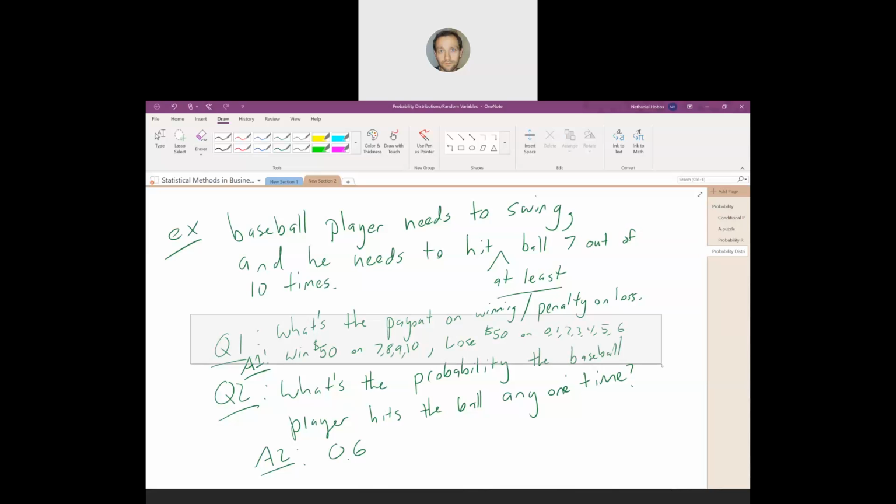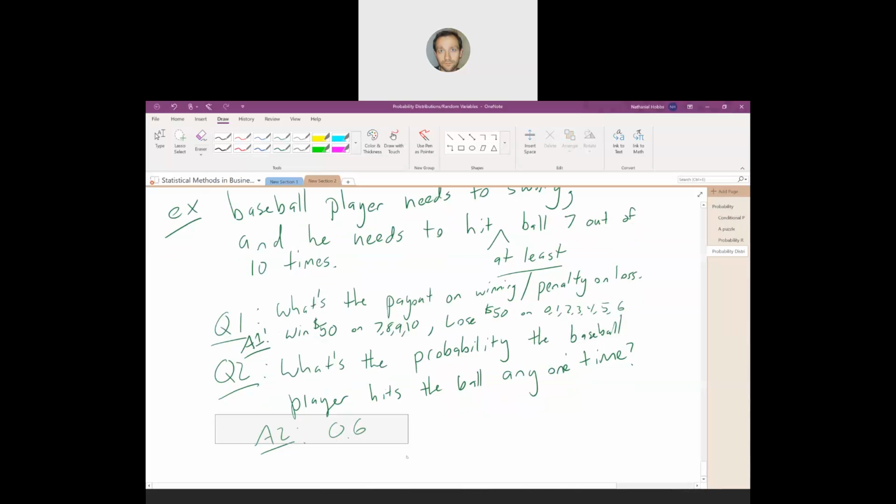So if he plays this over and over and over and over, that's not a very good way to make money. But question 2, the probability of the guy actually hitting the ball is better than a coin toss.